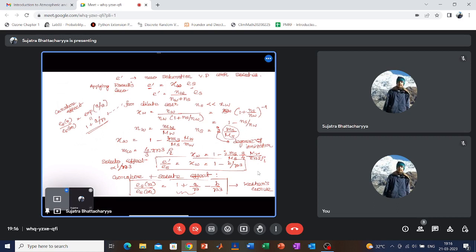You multiply this 1 plus A by R with 1 minus B by R cube, which we have got from the solute effect, and we get this expression. Fine.